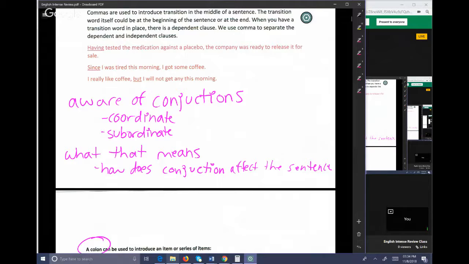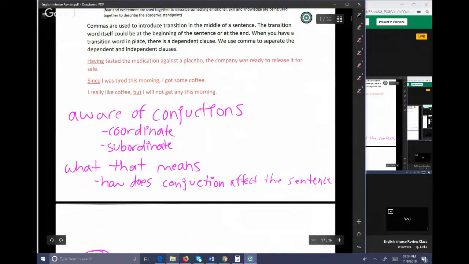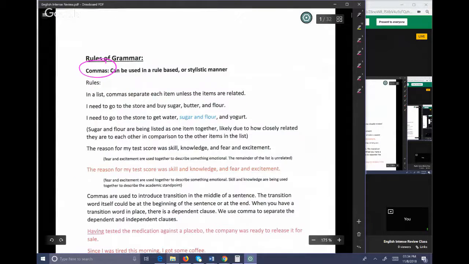I listed out a couple things on my paper version that conjunctions have to do with. So on this first page, if there's a takeaway I want you to get, it's all the effects that conjunctions have.